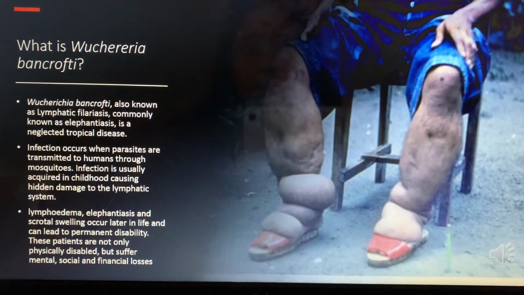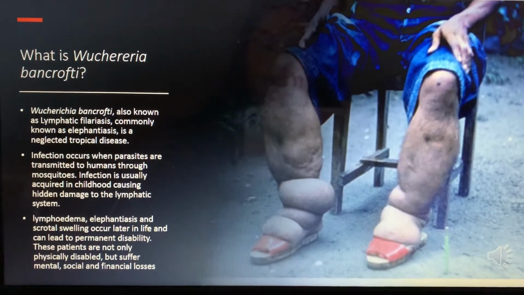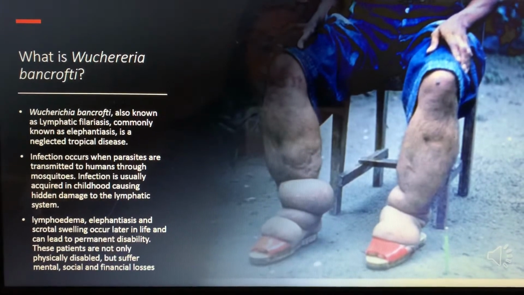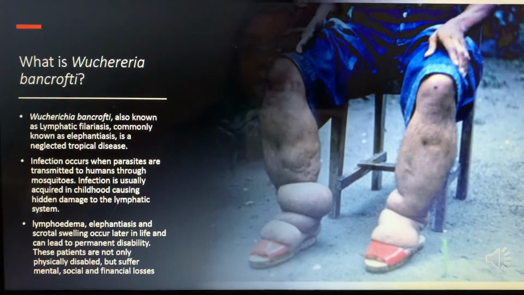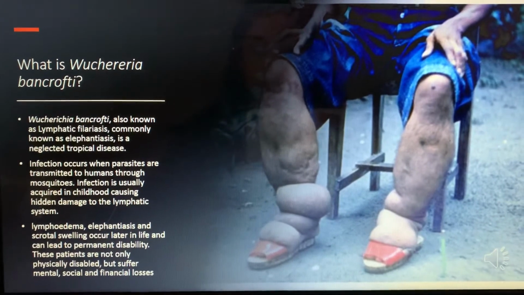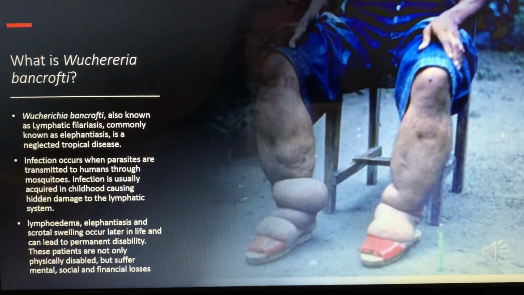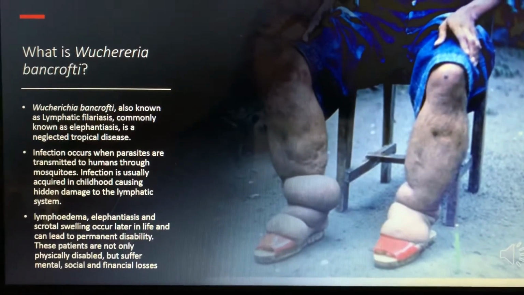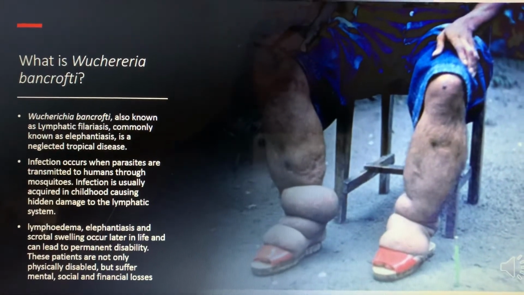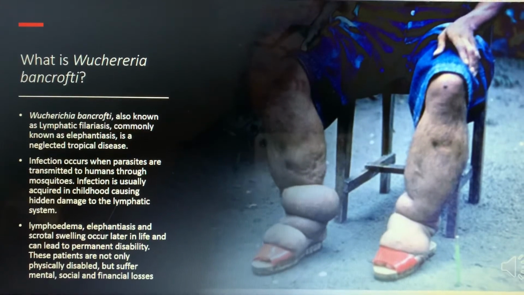And basically what happens is after being infected for quite a while, there is a long incubation period, but one of the most noticeable physical things that you can see is the swelling of your legs, genital areas, and even your arms.